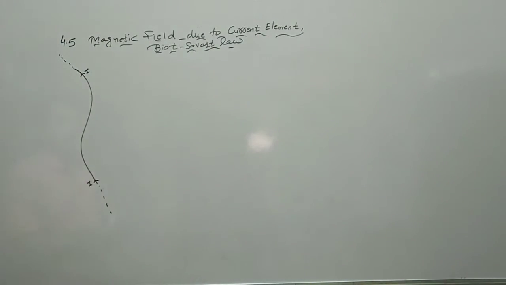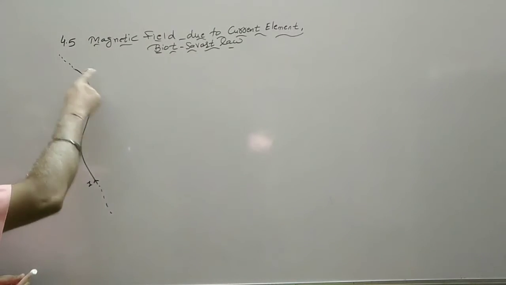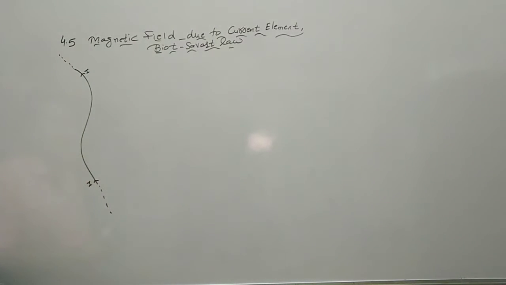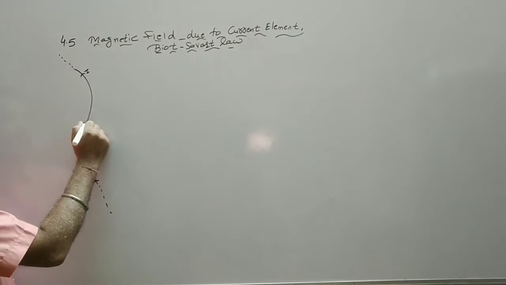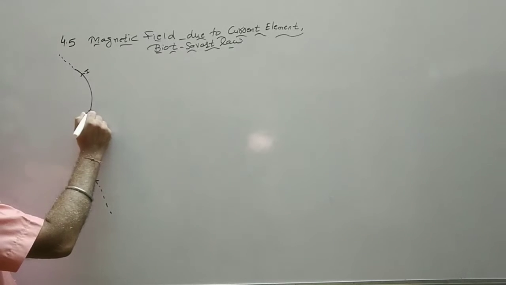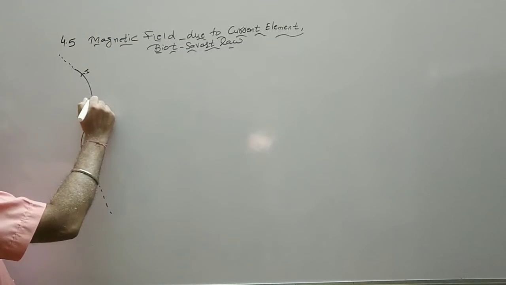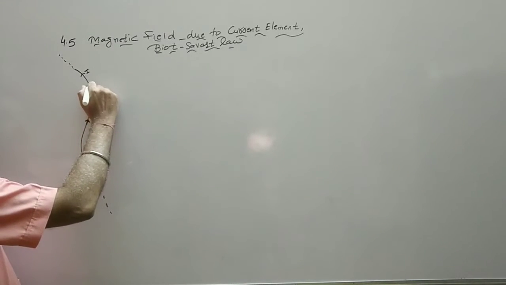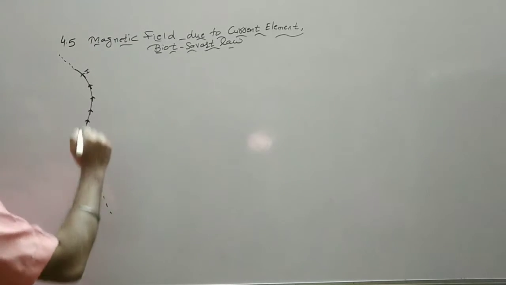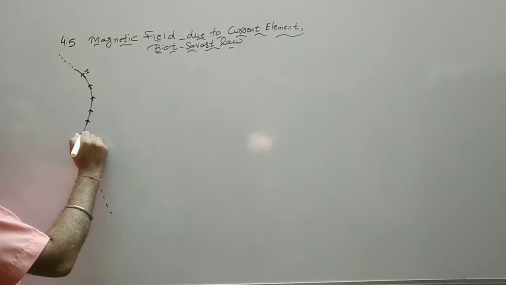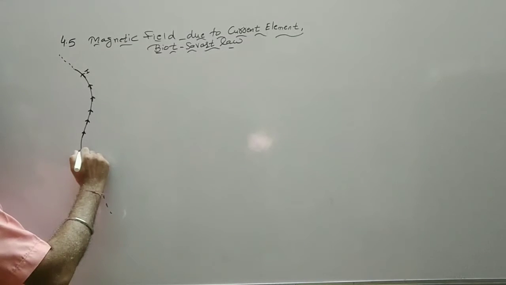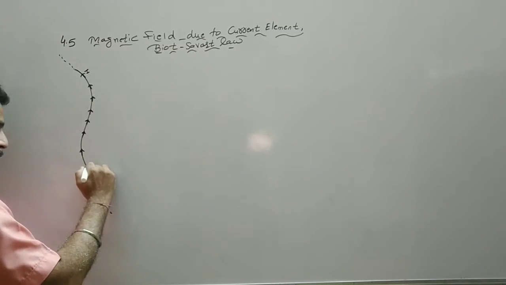So the first step in this is we divide this entire wire into small elements, that is infinitesimal elements. This is one element, this is another element. So this entire wire has to be divided into small elements. These are the elements shown by the small arrows, infinitesimal.